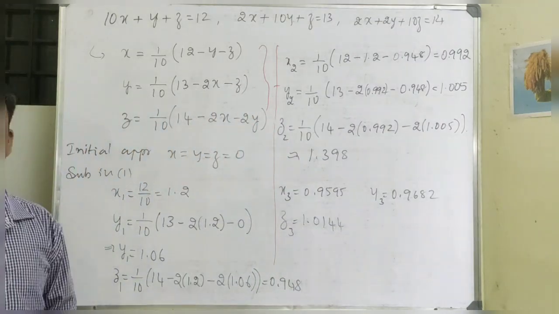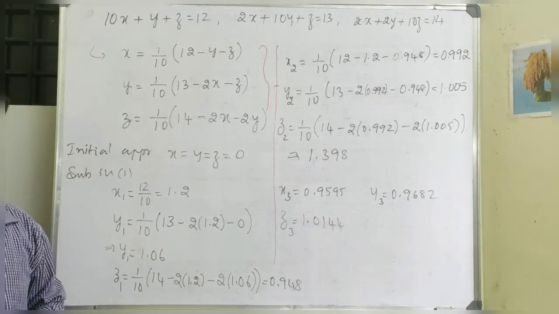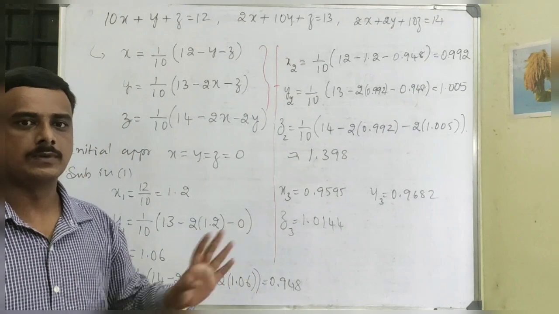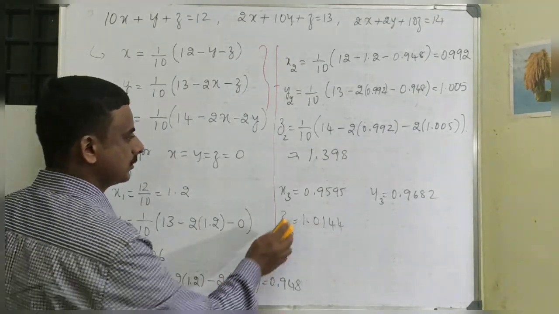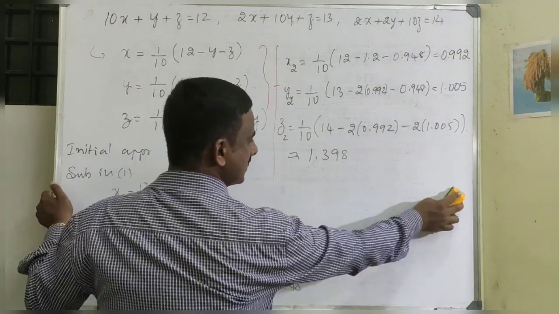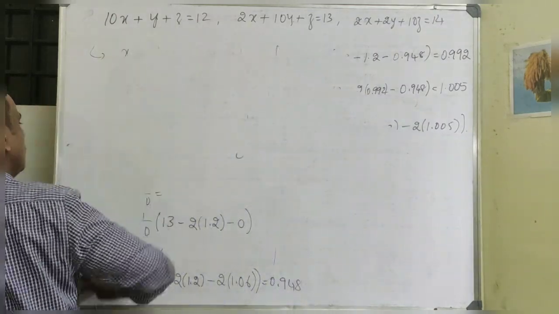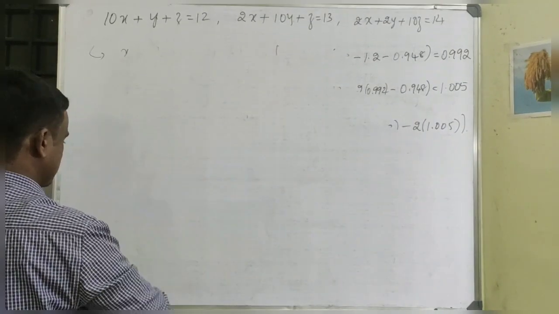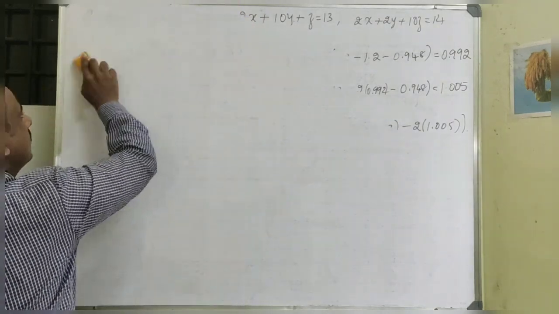So if you continue it for 2 more iterations, you get approximately the value of x to be 1, the value of y to be 1, and the value of z to be 1. So this is the way of finding the solution of a diagonally dominant system of equations using the methods of Gauss-Jacobi and Gauss-Seidel. There is one more method, the relaxation method. That also we shall discuss in another video.